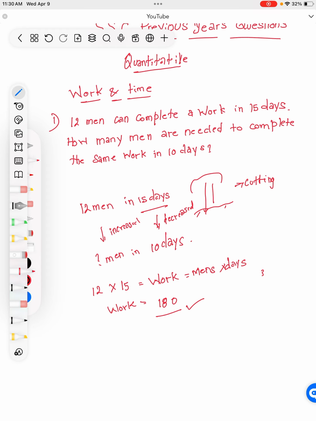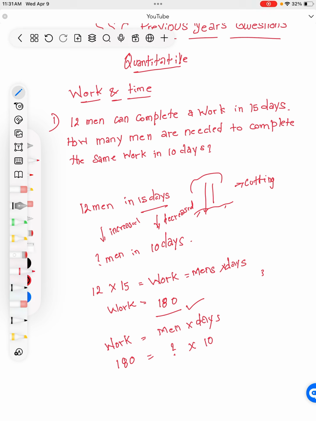As we know, work is equal to men into days. Here we have work, that is 180, and we don't know men, but we know days, which is nothing but 10 days. Now let us mention that here.